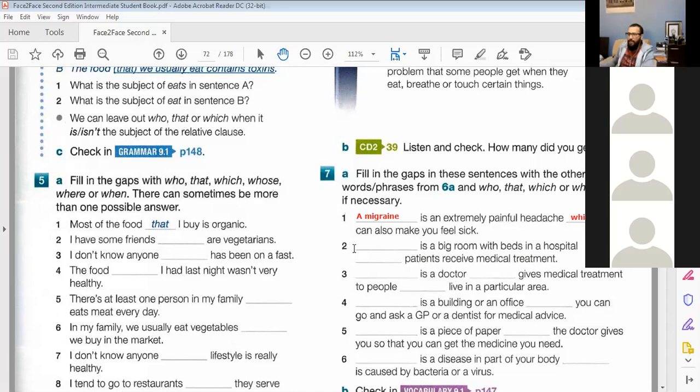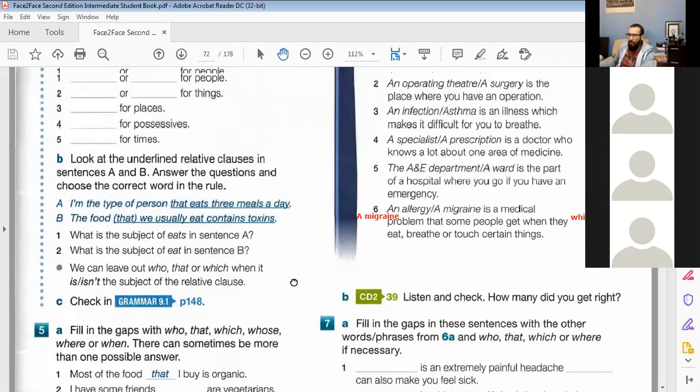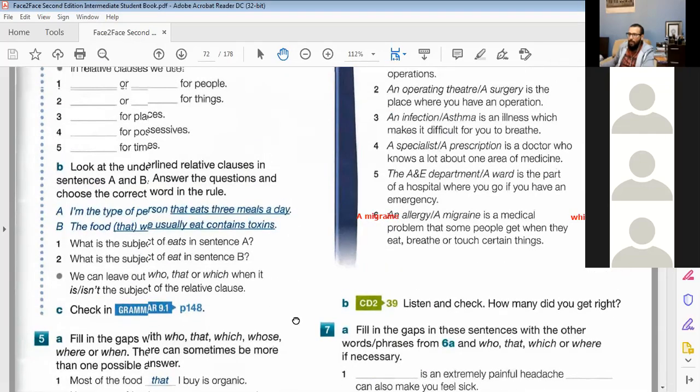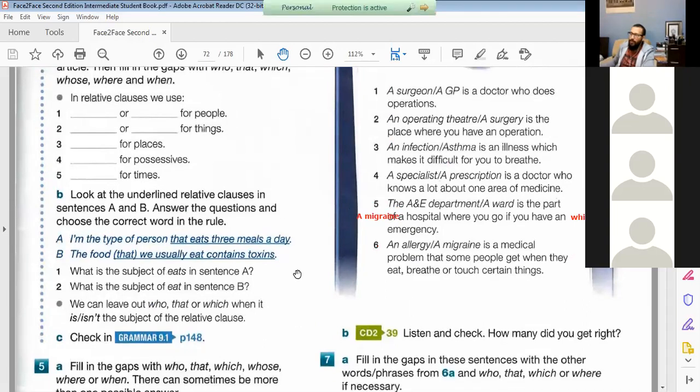It says, number two, something is a big room with beds in a hospital where patients receive medical treatment. Let me show you the words we have. What do you think? So we want a room, but not the operation room, because this is a place where patients get treatment, not surgery.